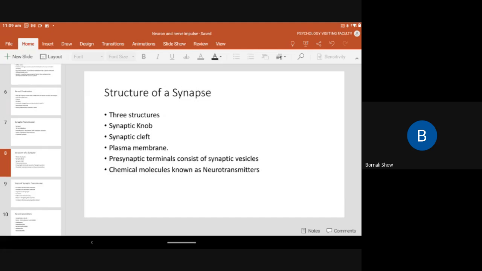Is it possible that in other parts of the brain new neurons can be generated or growth can happen?